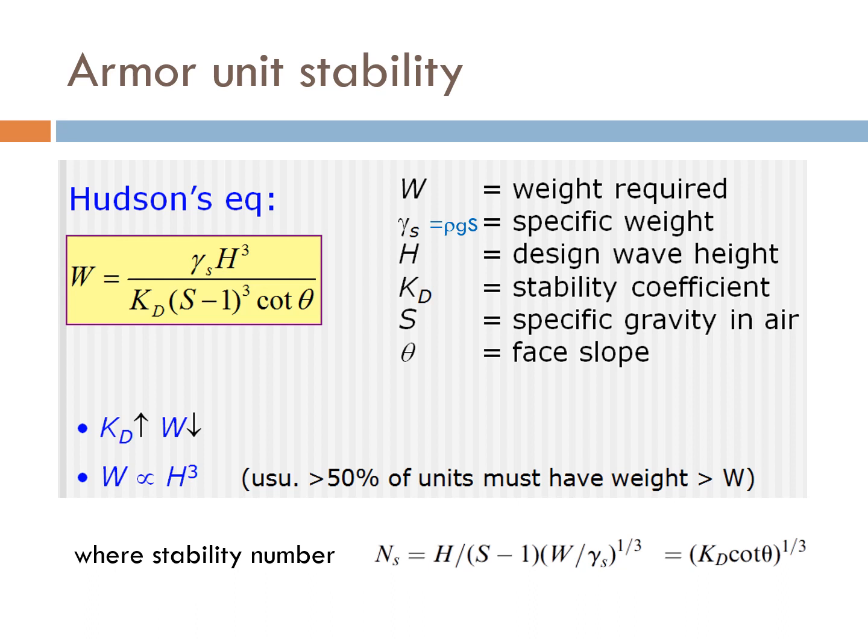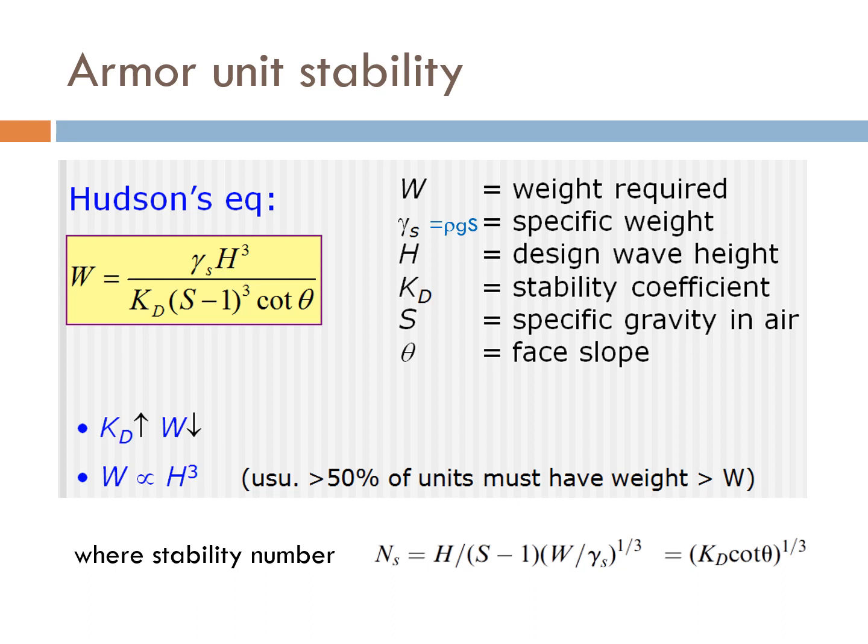Also, the more severe the wave condition, the larger the weight of the armor unit required. Since H is to the power of 3, we can expect that when the design wave height increases, the weight required will increase to the power of 3.